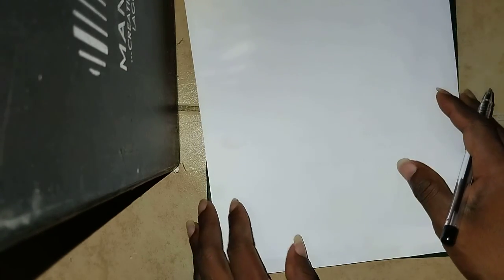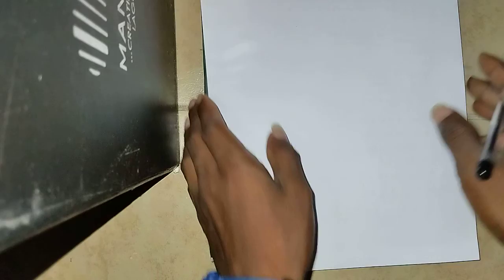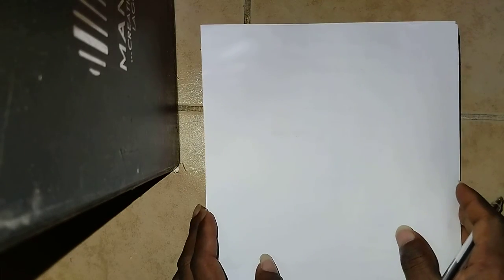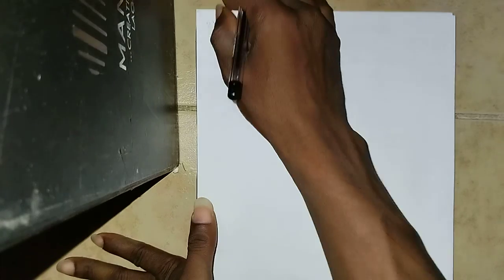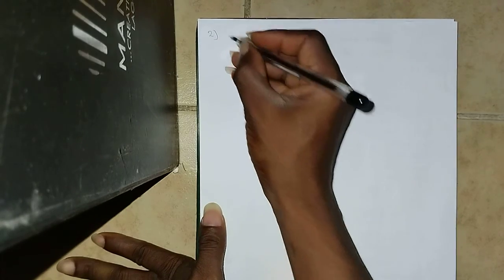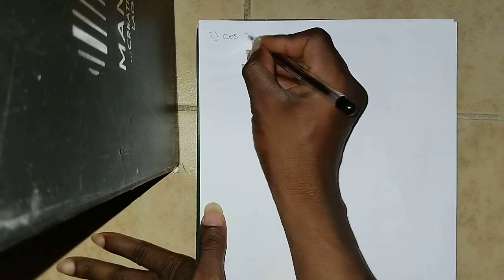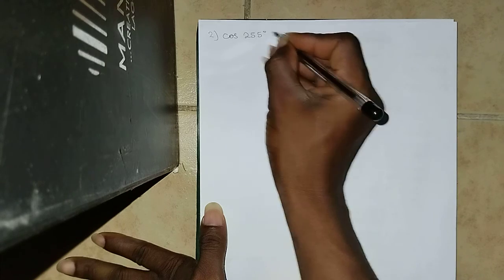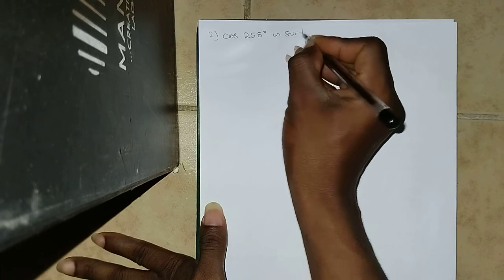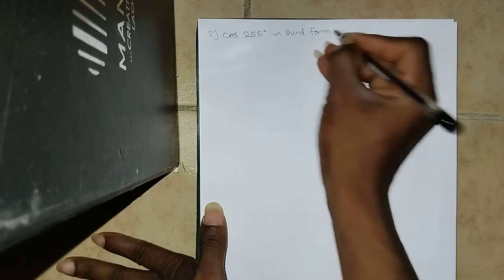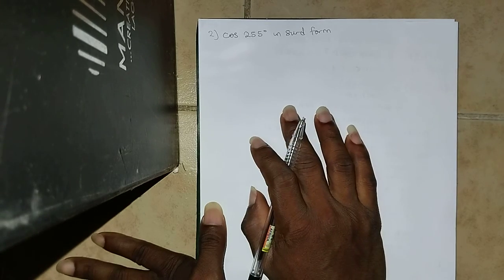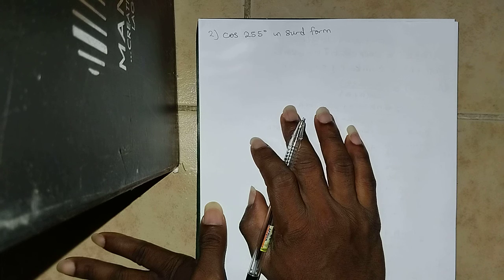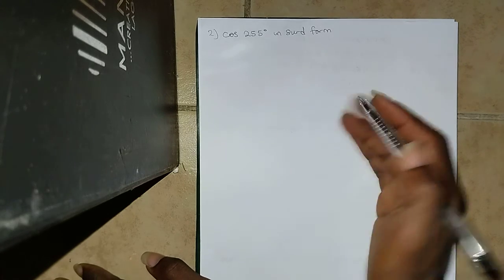Moving on to the next example that we have here. Example 2, I have cos 255 degree in third quadrant form. So for me to solve this, I'll have to make it into an acute angle.